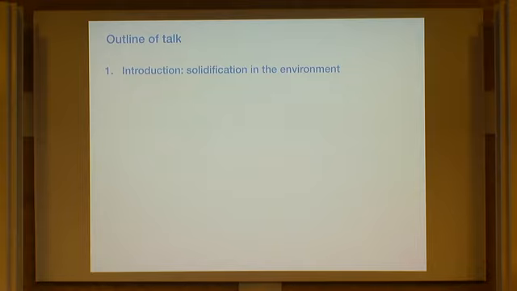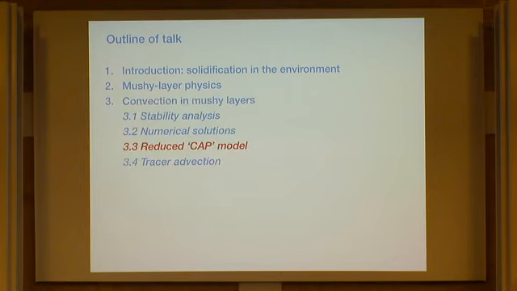To give an outline of the talk, I'm going to talk through a few examples of where these kinds of mushy layers form in the environment. I'm going to talk about some of the physics of these systems and the equations we can use to describe them. Then the main part of the talk is going to be to discuss convection in these systems, to look at some of the stability analysis which has been done, and numerical solutions of the equations governing convection in these systems.